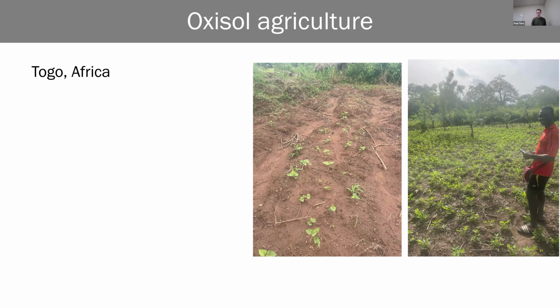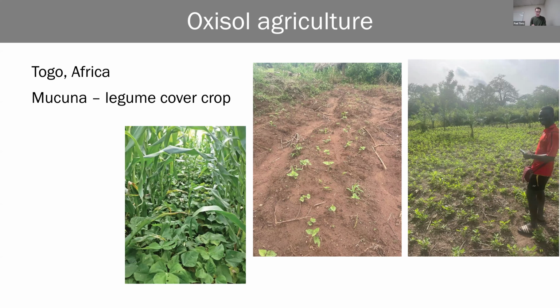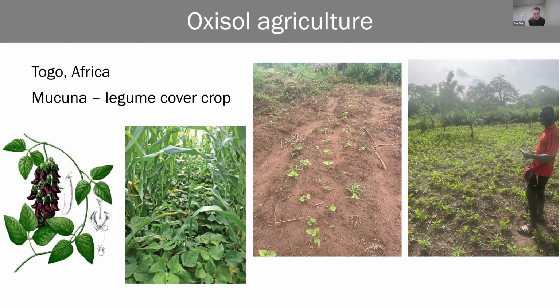And some of the Peace Corps agriculture programs was to add cover cropping or intercropping of legumes. So mucuna is the crop that they were using. It is this leguminous crop here that adds nitrogen to the soil through biological nitrogen fixation.